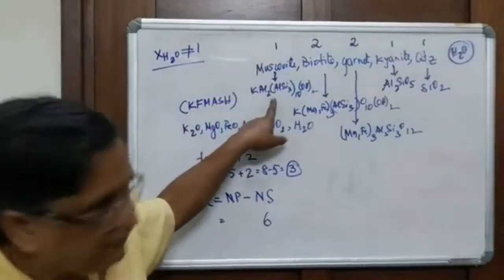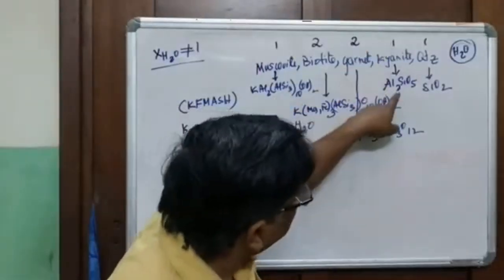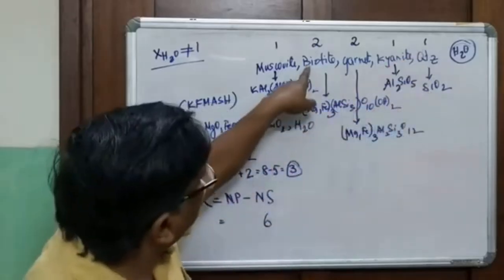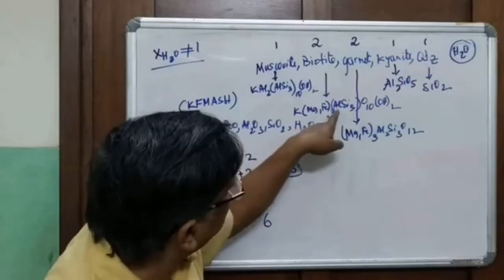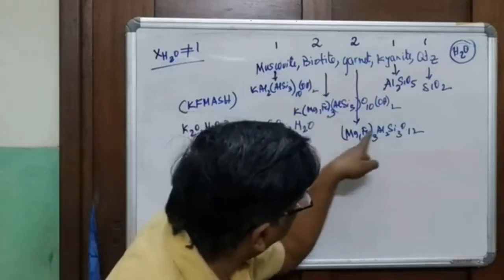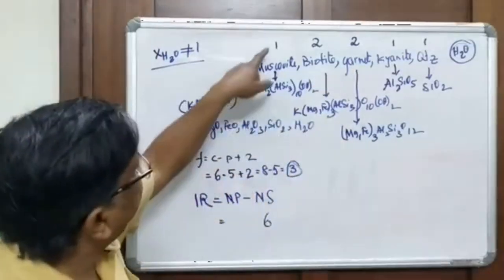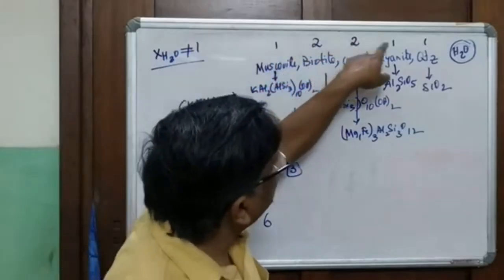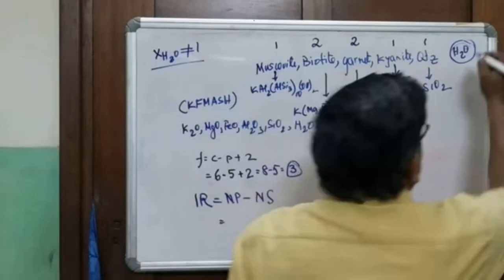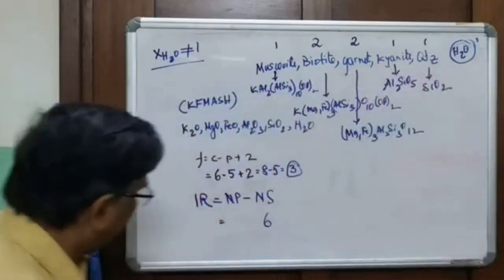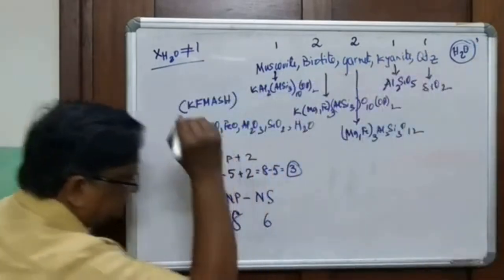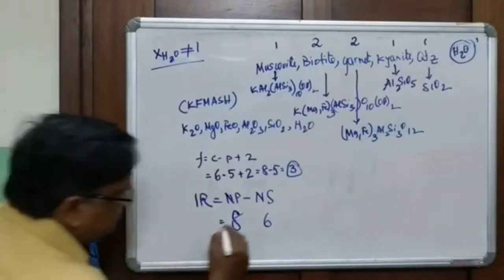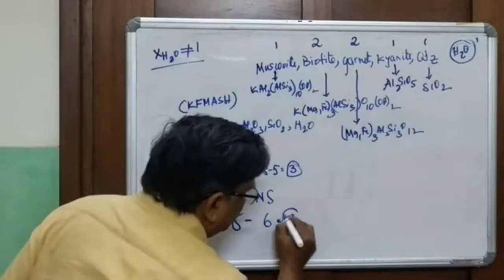So now we have muscovite 1, pure phase, kyanite 1, pure phase, quartz 1, pure phase, biotite 2, binary solid solution, garnet 2, binary solid solution. So we have 1 plus 2, 3 plus 2, 5, 6, 7 and 8. It says 8.